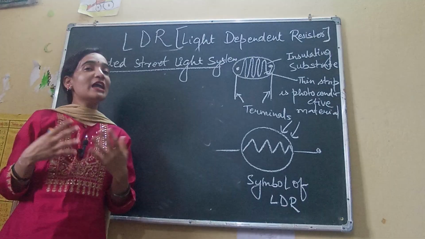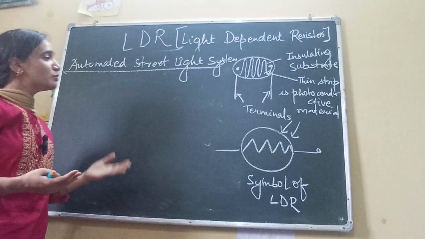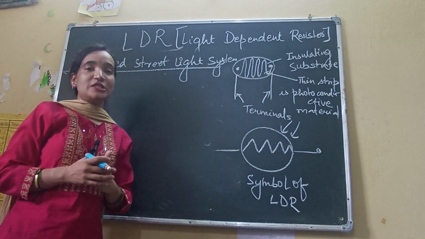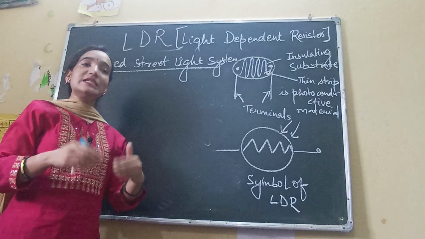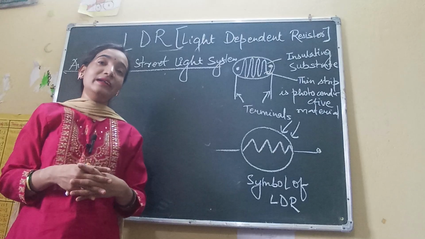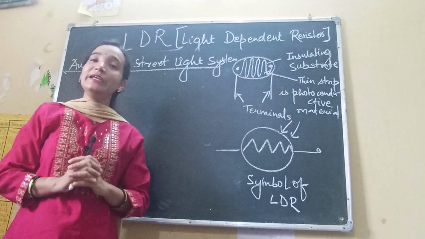In the daytime, when the light intensity is more, our LDR will have very less resistance. In that case, it sends the signal to the microcontroller and the light is not turned on in the daylight.